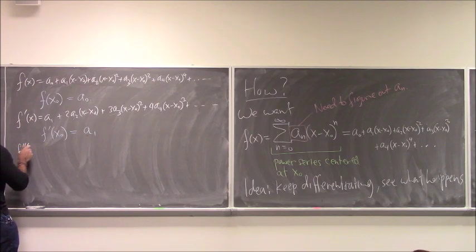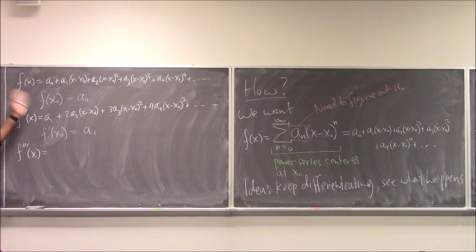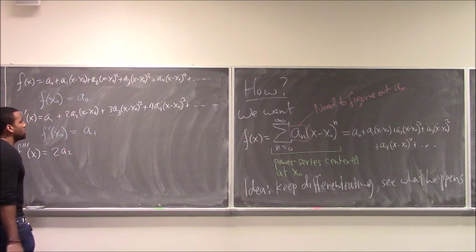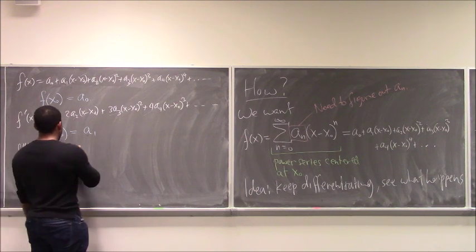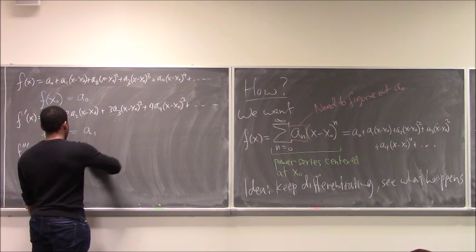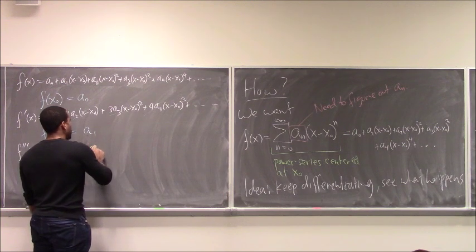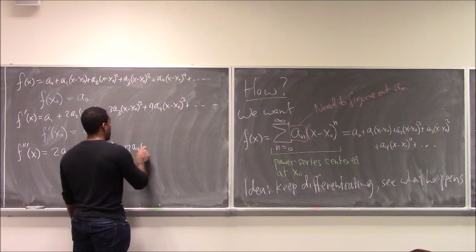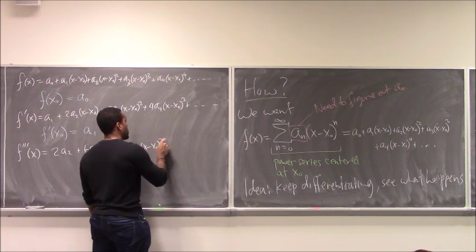Keep playing this game. Differentiate again, that guy's going to go away. Differentiate again, here I'm going to have 2a2 plus 6a3 (x minus x naught) plus 12a4 (x minus x naught) squared plus more.